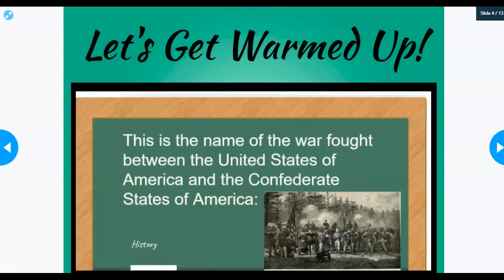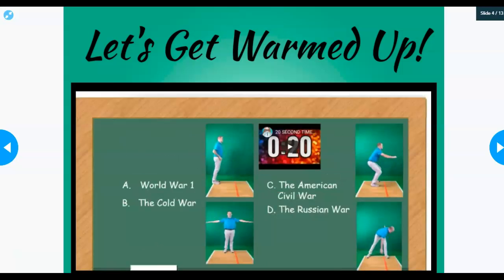This is the name of the war fought between the United States of America and the Confederate States of America. Is it A, World War I, B, the Cold War, C, the American Civil War, or D, the Russian War?